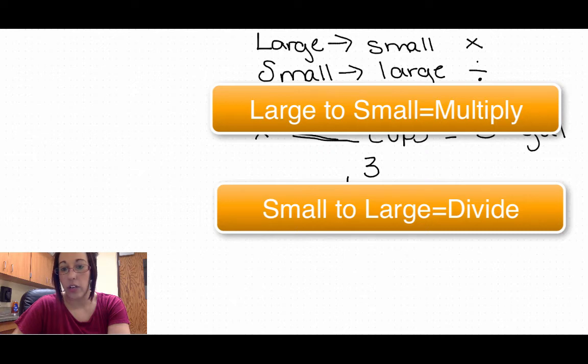And 1 times 3 is 3 plus 1 is 4, so that would be 48 cups. Use this key for the rest of your practice today to help you remember whether you're going to multiply or divide.